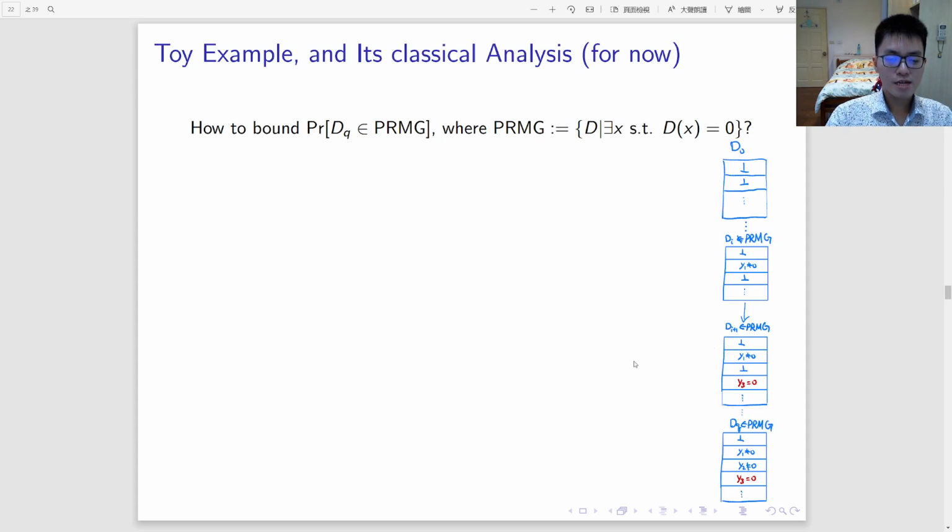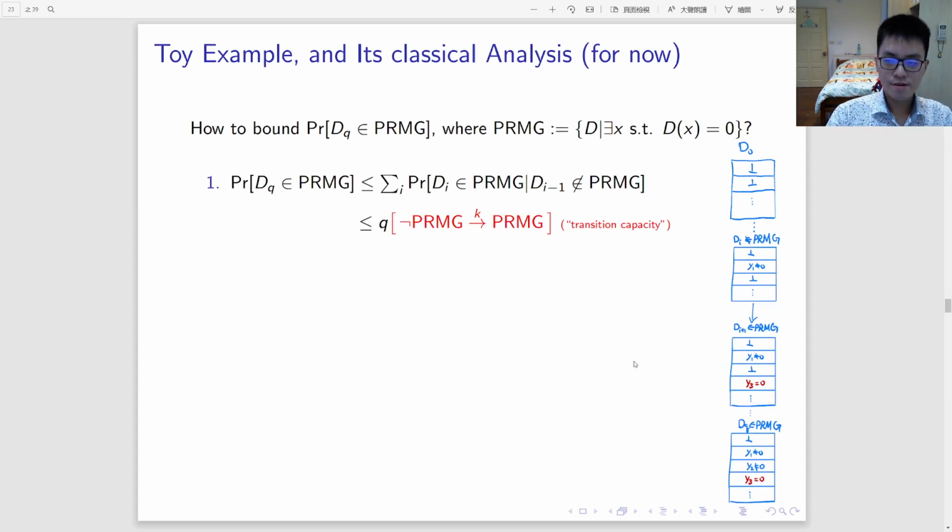So here we make two observations. First, we observe that if after q queries the database goes from ⊥ to D_q, now having a 0 within some of its entry, then that 0 must occur during one of the q sequential queries.